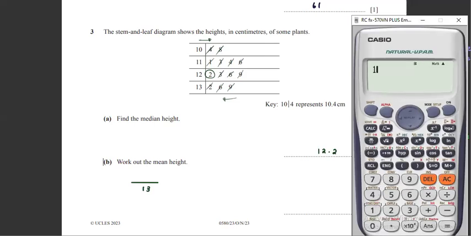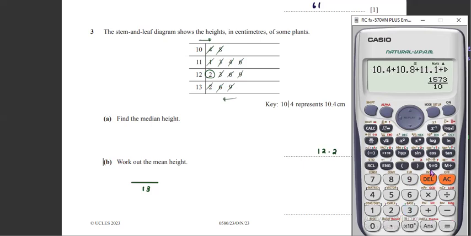So here we've got 10.4, then we've got 10.8, next it's 11.1, we've got 11.3, 11.4, 11.6, 12.2, 12.3, 12.6, 12.9, then we've got 13.2, 13.6, and then we've got 13.9.